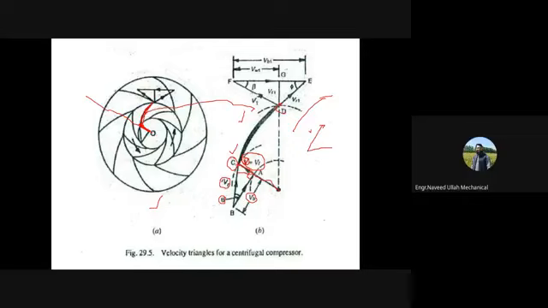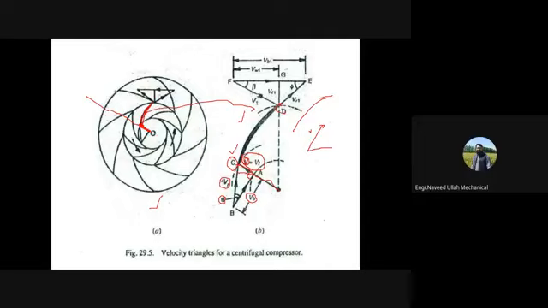So to avoid this shock wave, this radial entry is a bit diverted. ठीक है, इसको radial नहीं, ये जो angle है ना 90, इसको हम थोड़ा सा change करते हैं. The entry of the working fluid is not exactly radial or having a 90 degree angle with the blade velocity, but it is diverted and having some angle other than 90 degrees. And if you are having this type of entry, or if you are decreasing this angle, obviously we'll be having two components.